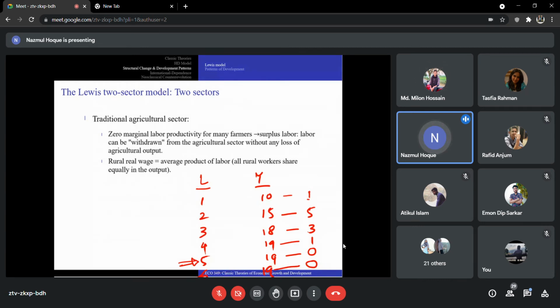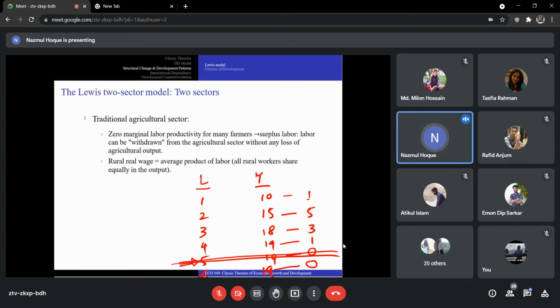So that's the surplus labor. If we drop the fifth worker, is it going to change our total output? No, sir. So that's why it's a surplus worker. When the marginal product of labor is 0, you can drop that worker without losing any of the output that you're producing.